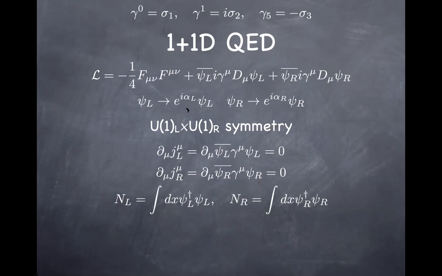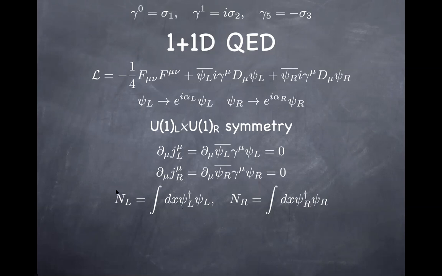So U(1) left is a change of the phase of the left-handed component. U(1) right is a change of the phase of the right-handed component. And this is indeed a symmetry of the classical Lagrangian. And therefore, we expect conserved currents for each of them. And for each conserved current, I can define a conserved charge. If this is divergence-less, I take the time component of the current, that's the current density, integrated over space.